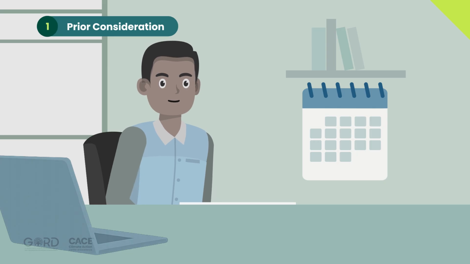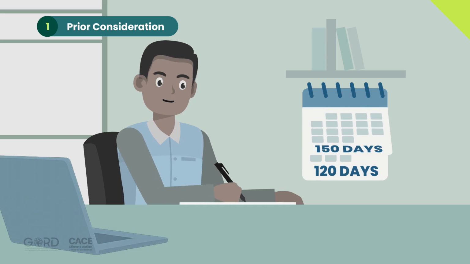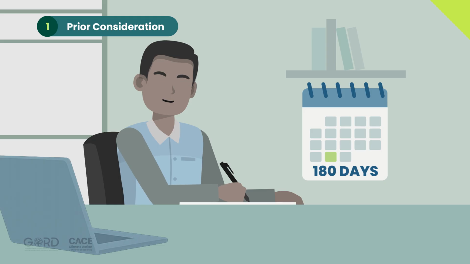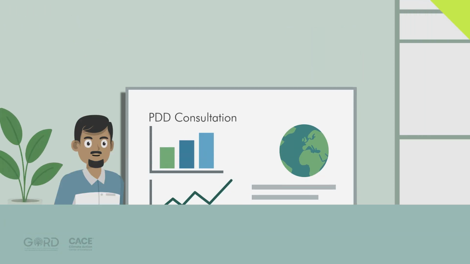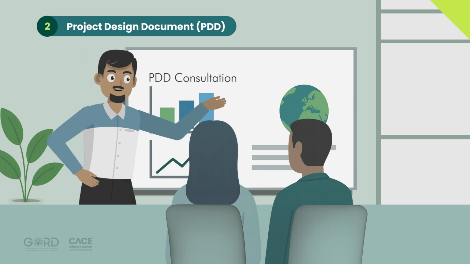Step 1. Prior consideration. An activity participant, which can be a private or public entity, submits a prior consideration within 180 days of the mitigation action start date. The activity must use an approved A6.4 methodology. Step 2. Project Design Document, or PDD.